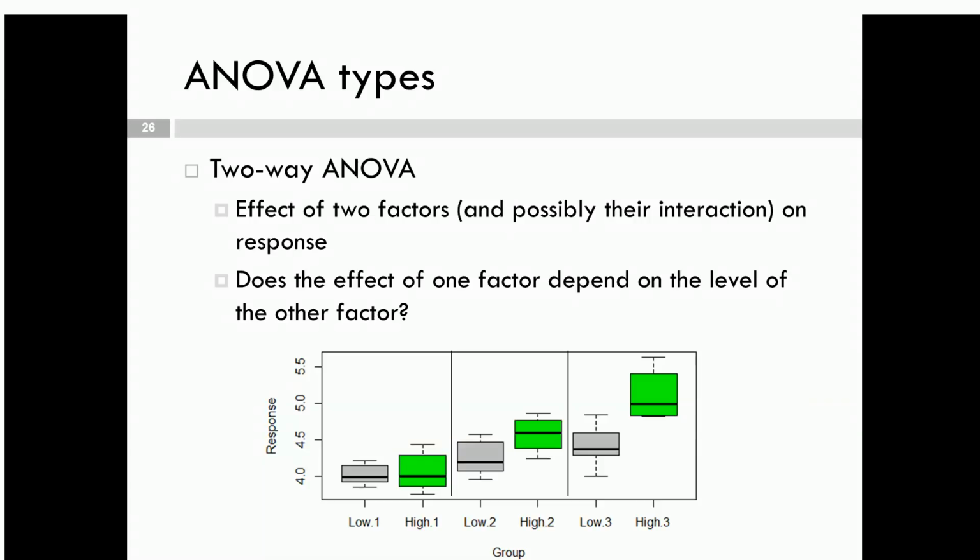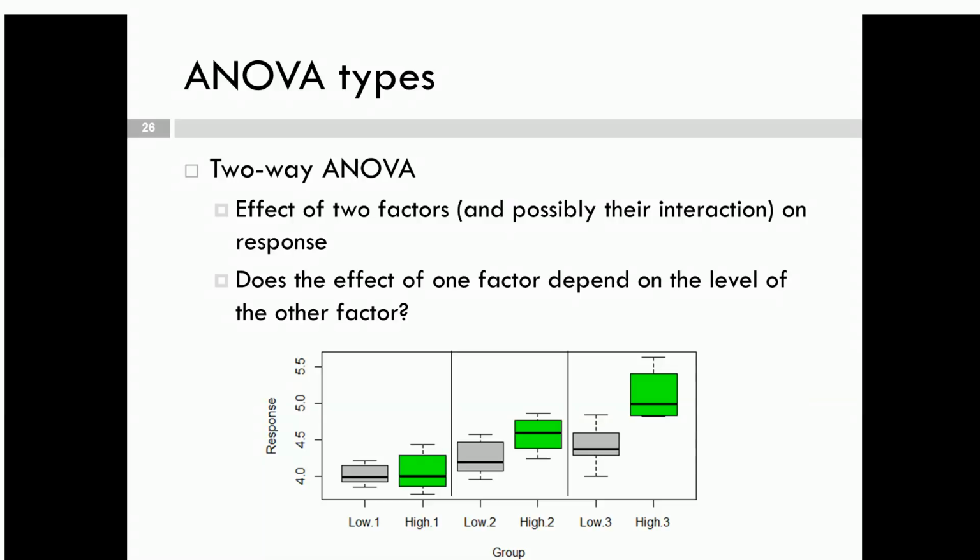In this example, maybe we have several different kinds of fertilizer that we're growing our plants with, and we also have multiple different levels of light that we're growing our plants in. So fertilizer and light are our 2 factors that we're interested in, and what is their effect on our overall response.